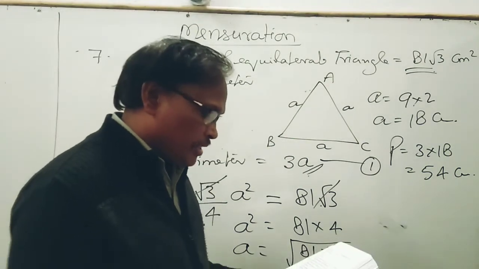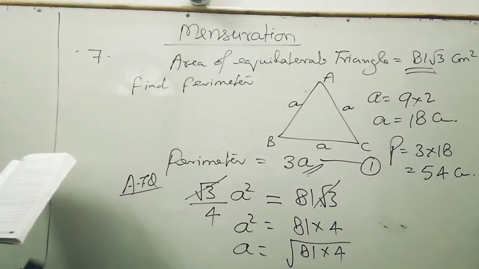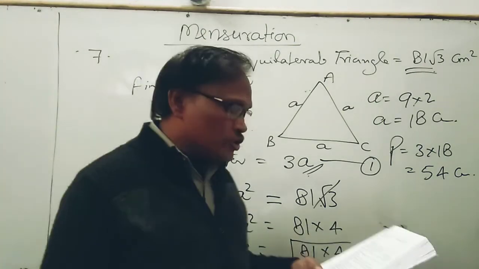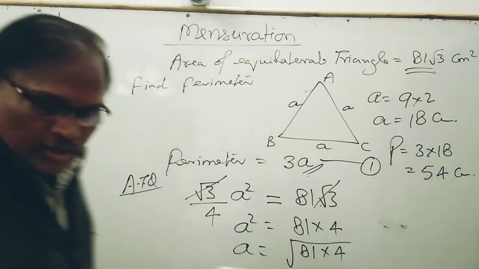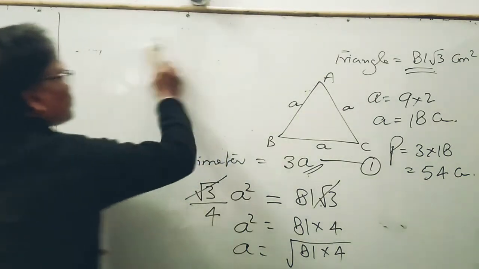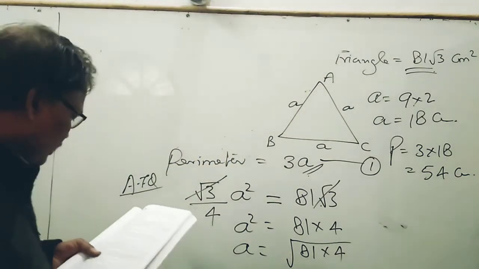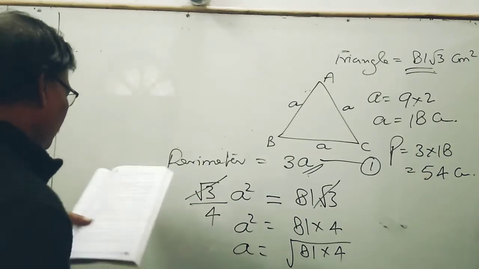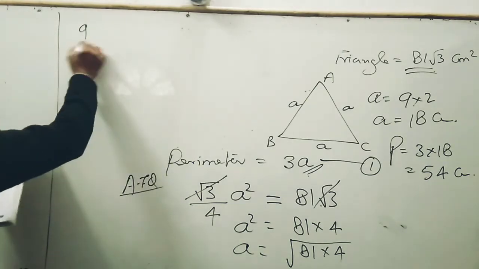Now the next one, in which the ratios are given. If the ratios are given, then also you can find. Like question number 9.